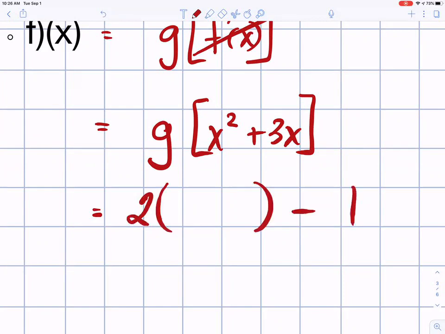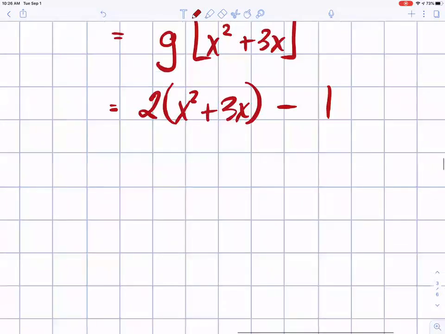Now, what goes in for ugly? What was it that was so ugly in the line above? X squared plus 3x. That's my ugly, so let's put it in. X squared plus 3x. Can we clean that up then?